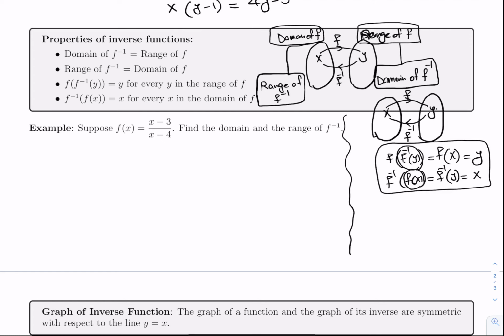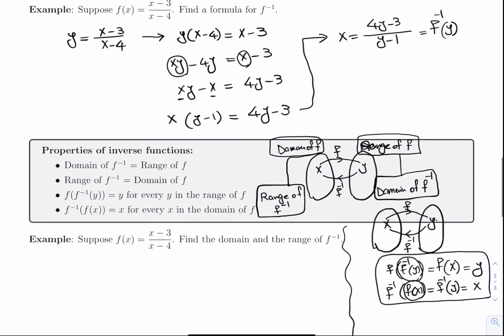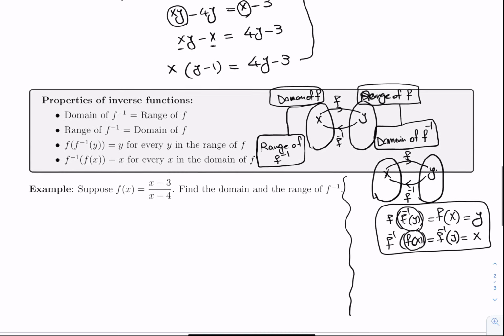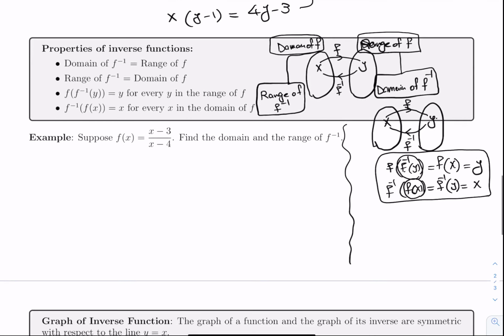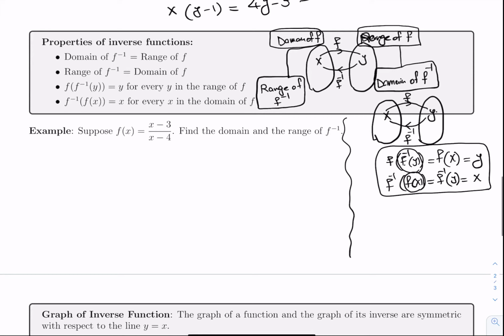Let's take a look at this example. Suppose f of x is x minus 3 divided by x minus 4, which is basically the same function as in the previous example. We would like to find the domain and the range of f inverse. The range of f inverse is equal to the domain of f, so all I need to do is think about the domain of this function.